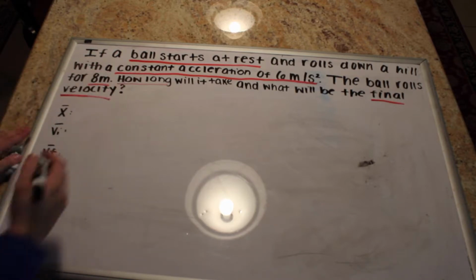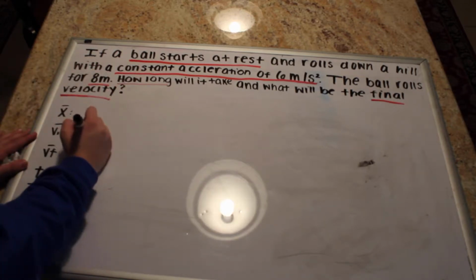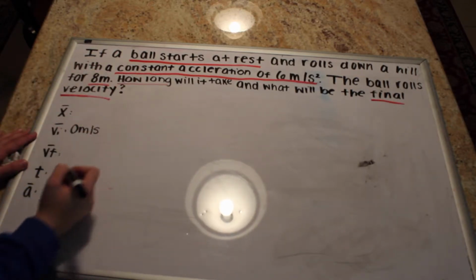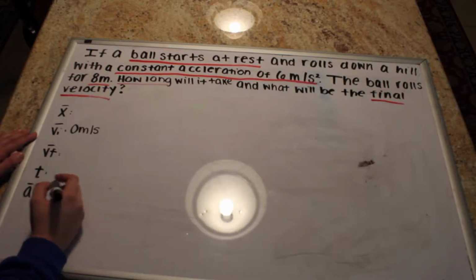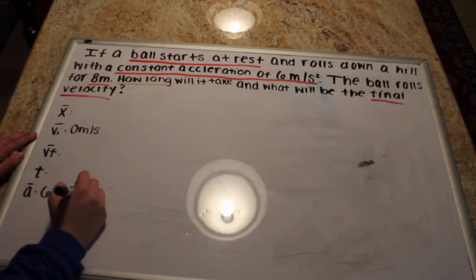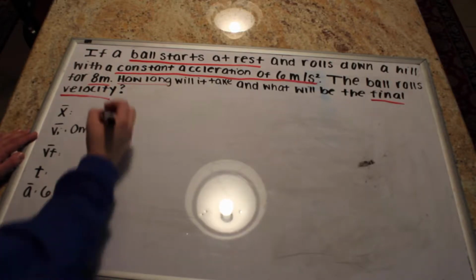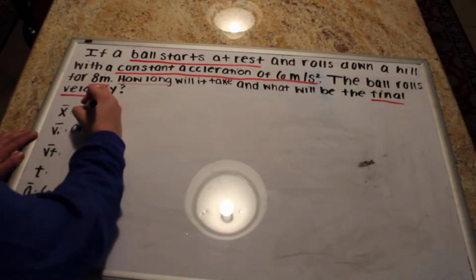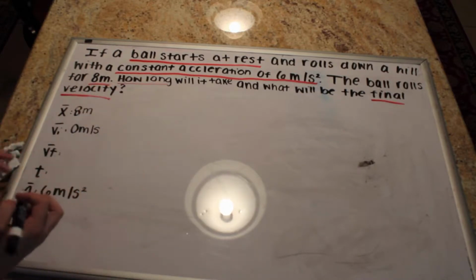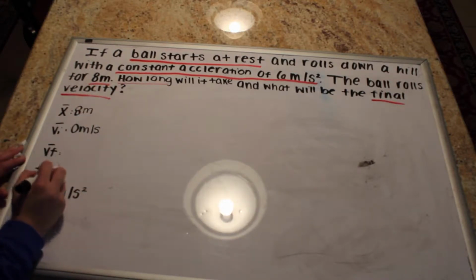We know the ball starts at rest, making our initial velocity 0 meters per second. It has a constant acceleration of 6 meters per second squared, and the displacement is 8 meters. We need to figure out how long it will take and what the final velocity would be.